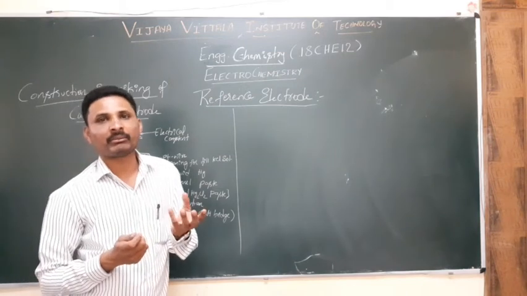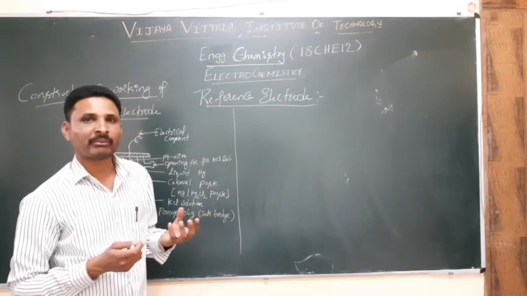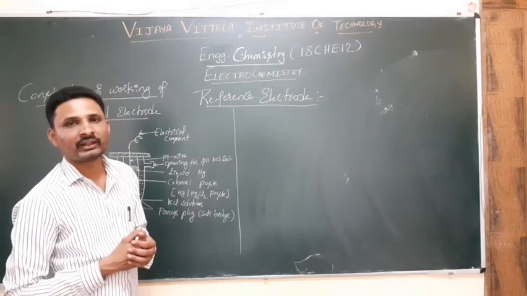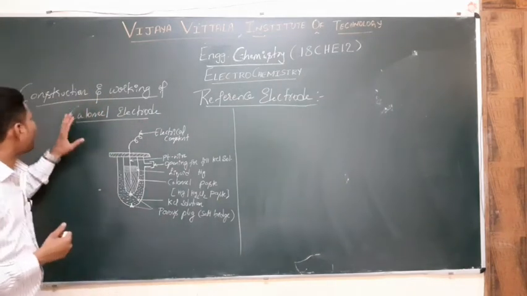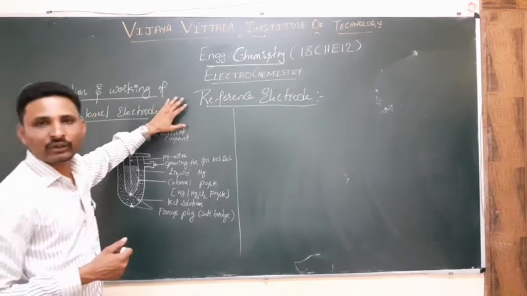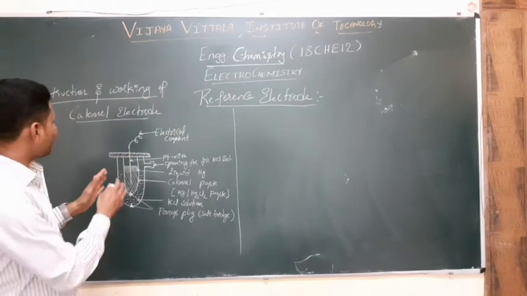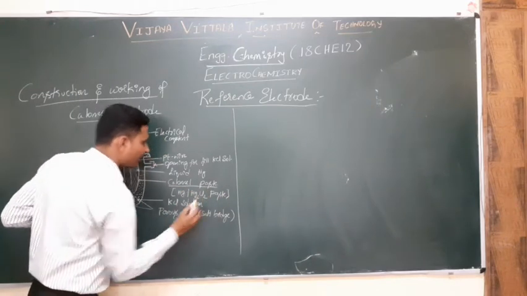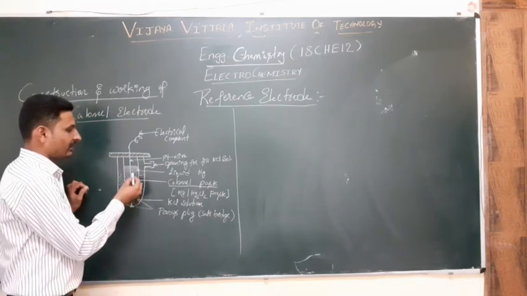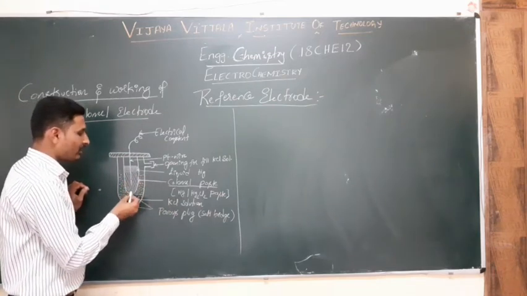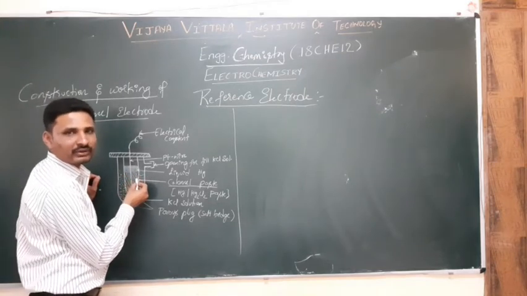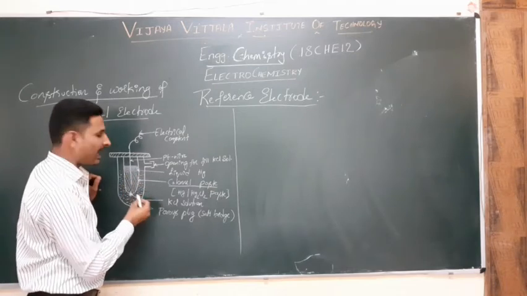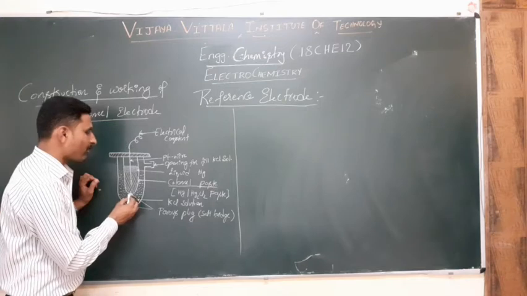We have taken the metal as mercury and the metal salt as mercury 1 chloride. It is constructed by taking a calomel paste, which is filled into a narrow glass tube at the bottom, having a porous plug at the bottom.